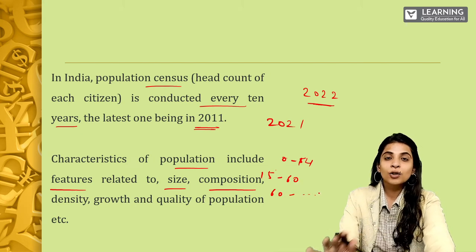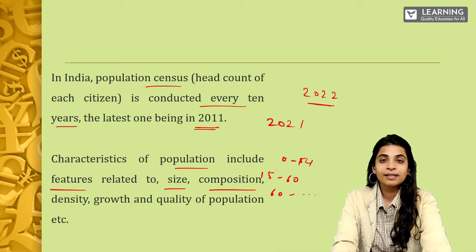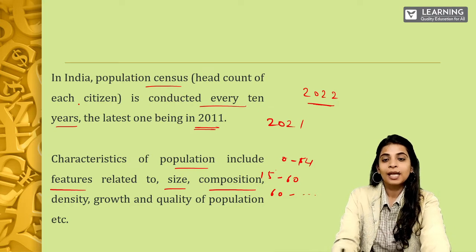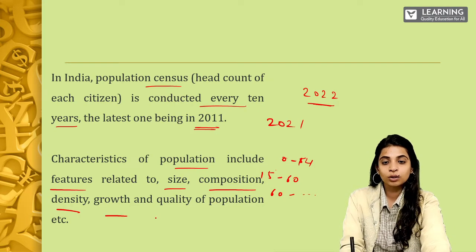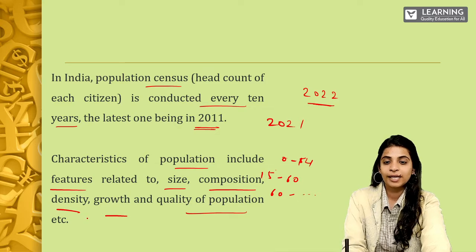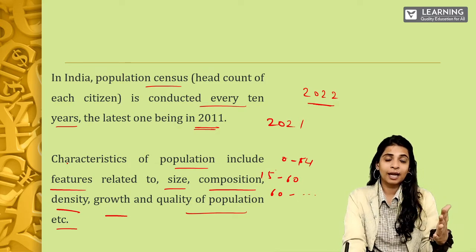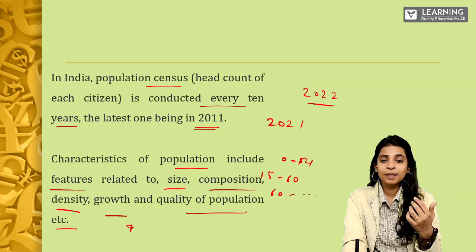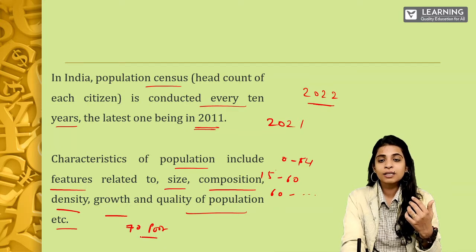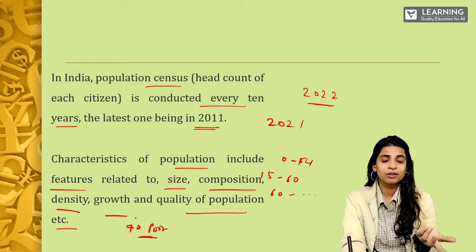This is what we understand by size. And then composition, density, growth, quality of population, etc. What is the quality of population? In my country, population is high, but 70% people are poor. So what is the quality of my country's population? It is not good.